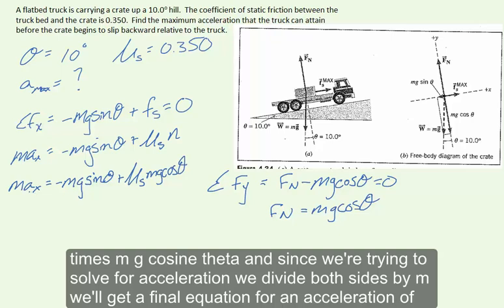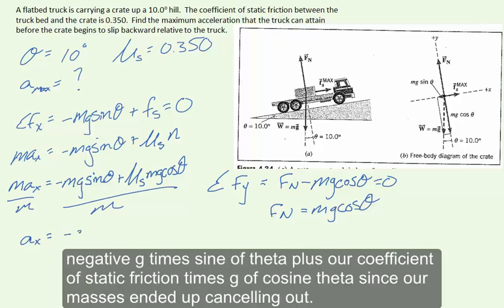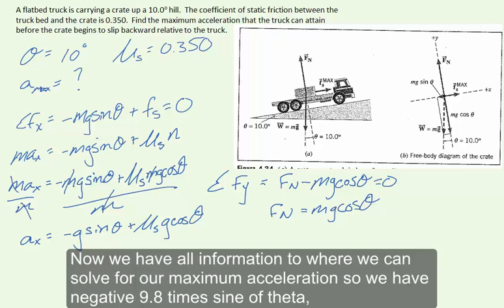Since we're trying to solve for acceleration, if we divide both sides by m, we get a final equation for acceleration of negative g sine theta plus our coefficient of static friction times g cosine theta, since our masses canceled out. Now we have all the information to solve for our maximum acceleration.